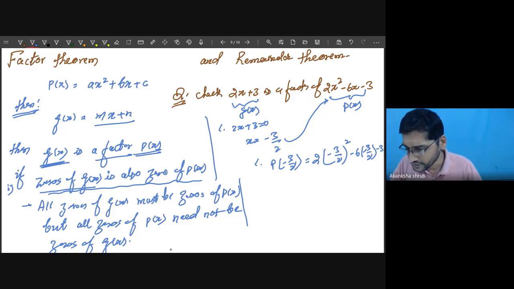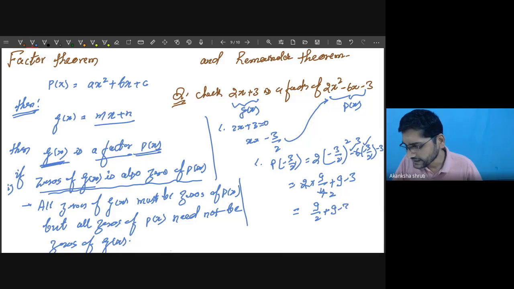This calculation we need to do. So this becomes 2 into 9 by 4, and minus into minus turns into plus. You can cancel the denominator 2 with the 6, it becomes 3. So 3 3s are 9, then minus 3. Cancel this, it becomes 2. So it is 9 by 2 plus 9 minus 3.